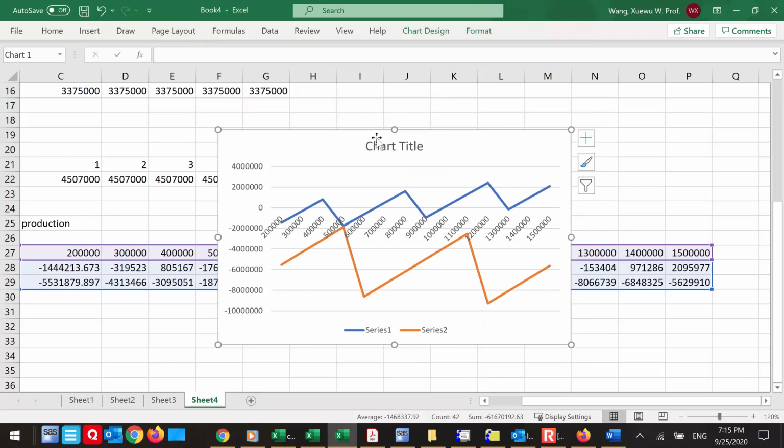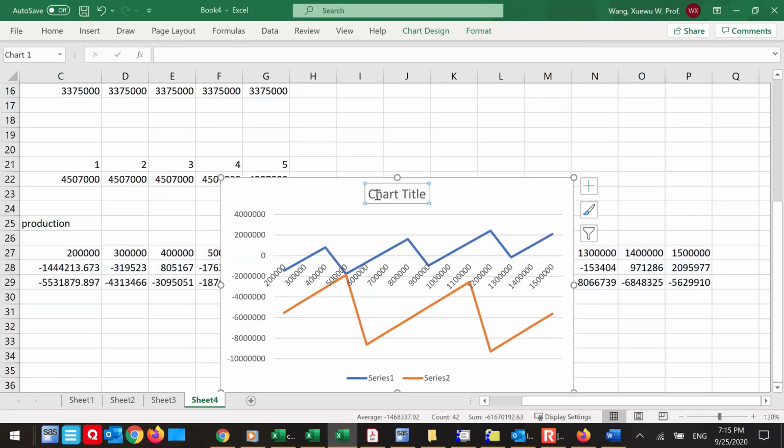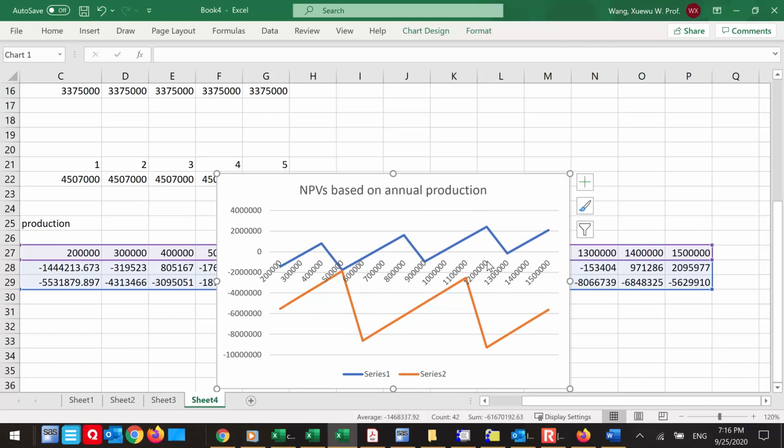All right, so that will be NPVs based on unit production. Okay, all right, so that will be the line chart title, and I have two series here. So this one is machine A, and this one is machine B.